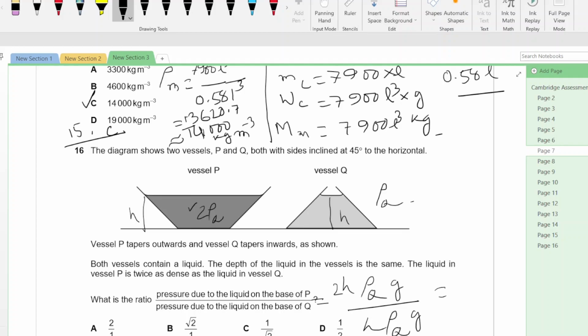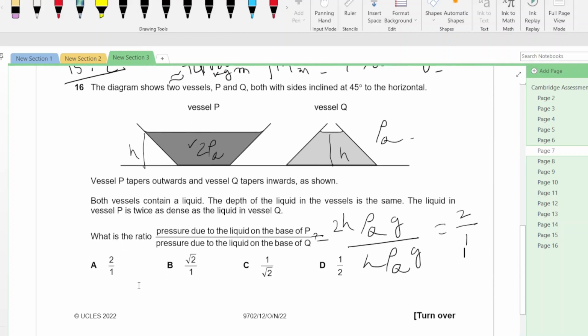This is 2 by 1, and it is answer A. Therefore, 16 is A.